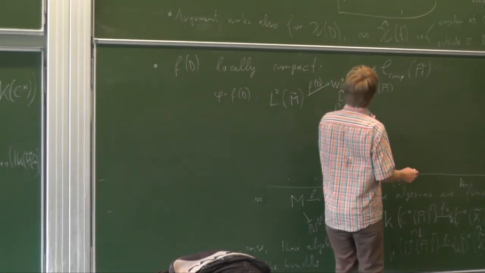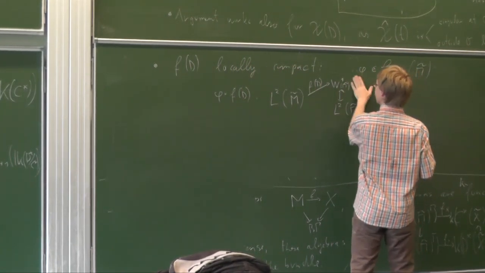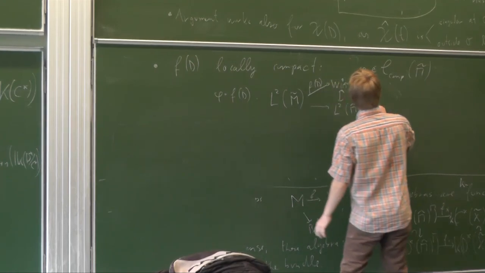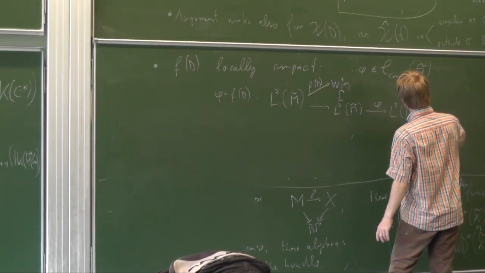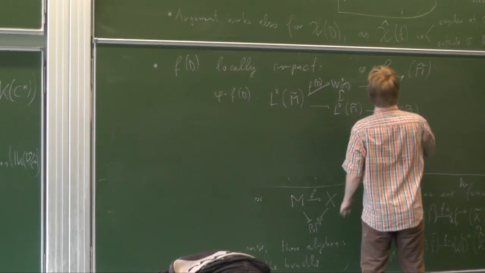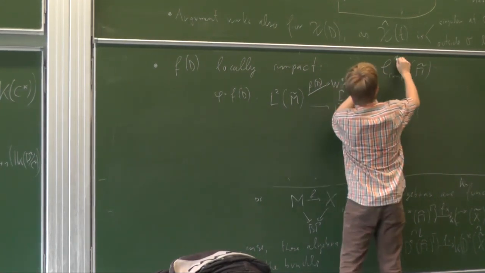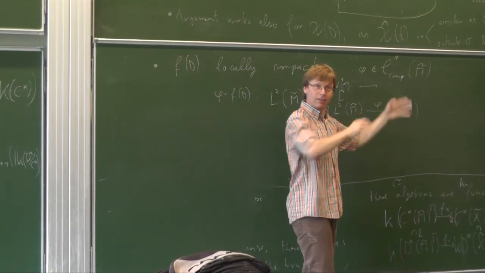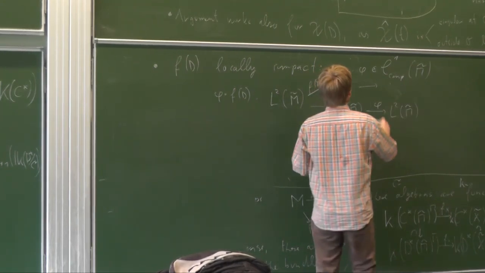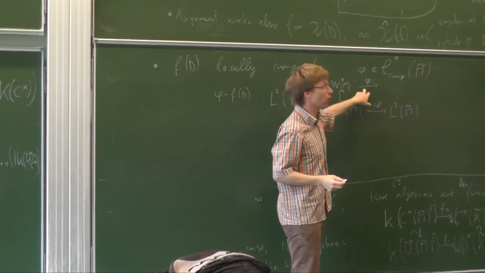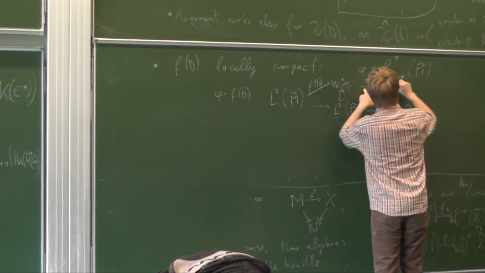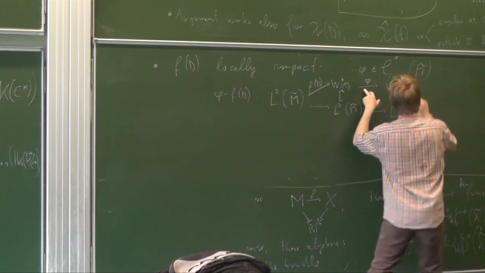Now, the second thing we want to do is multiply by phi. If phi is a C1 function, which is good enough, again by approximation argument, we can as well multiply a W1 function with phi and get a W1 function here.